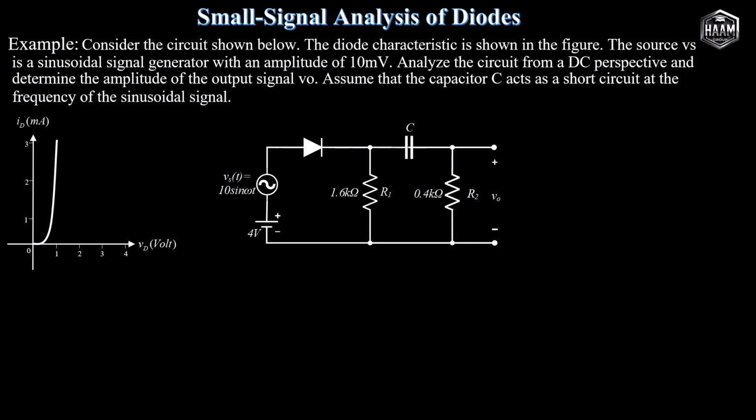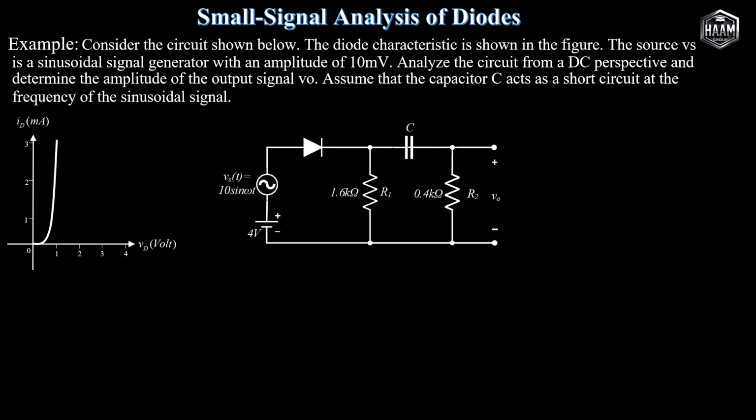We aim to analyze the circuit under DC bias conditions and determine the amplitude of the AC output voltage V sub out. Regarding capacitor C at the operational signal frequency, we treat it as an ideal AC short circuit. Assuming its capacitance is sufficiently large, its reactance becomes negligible under AC conditions.